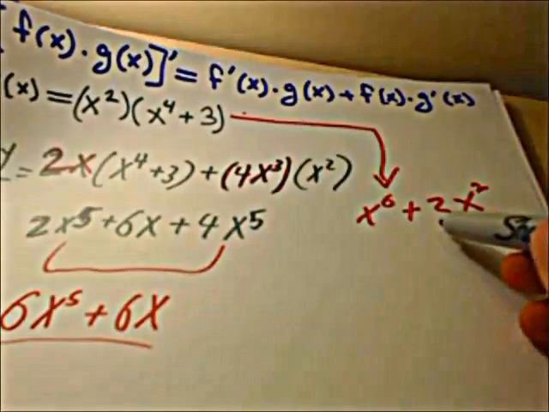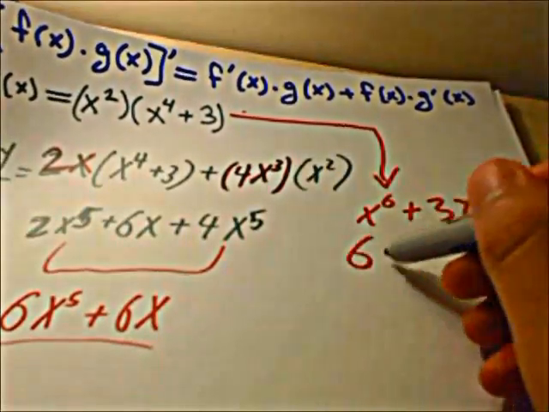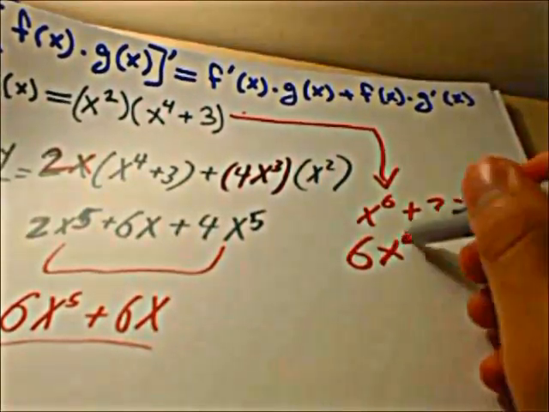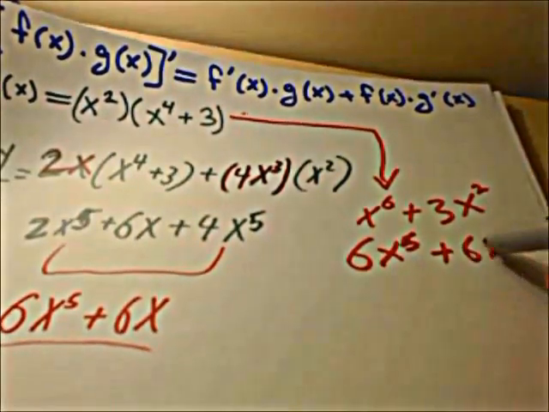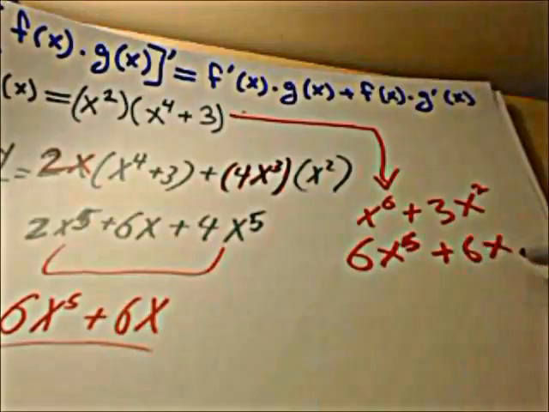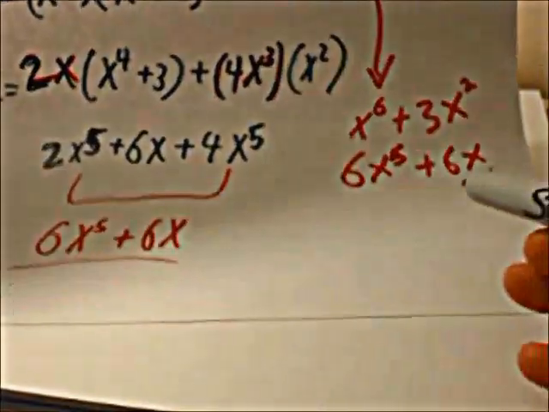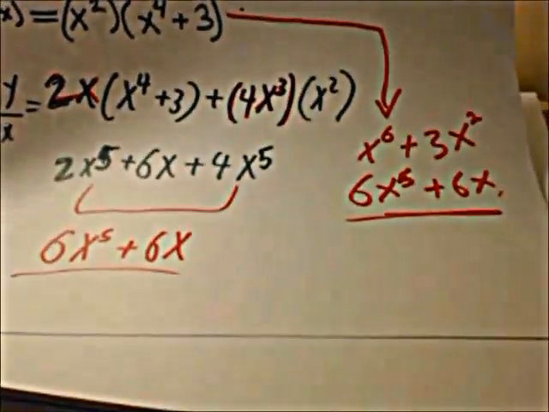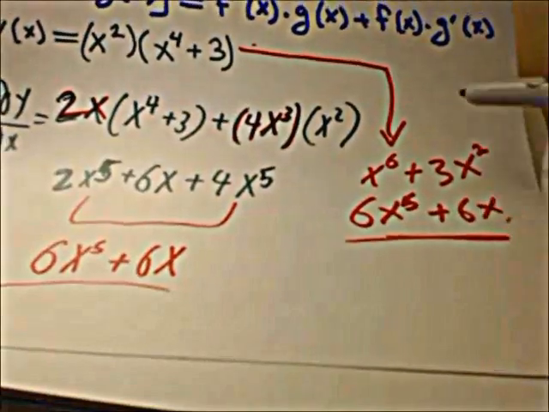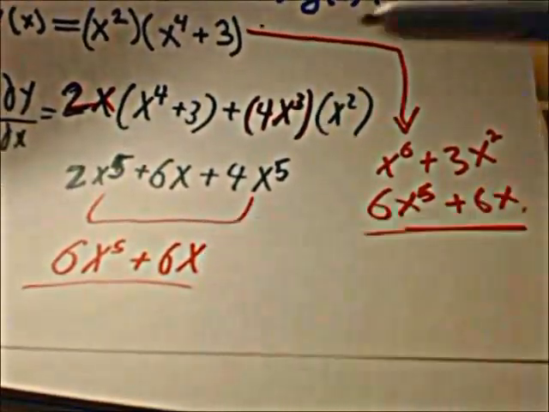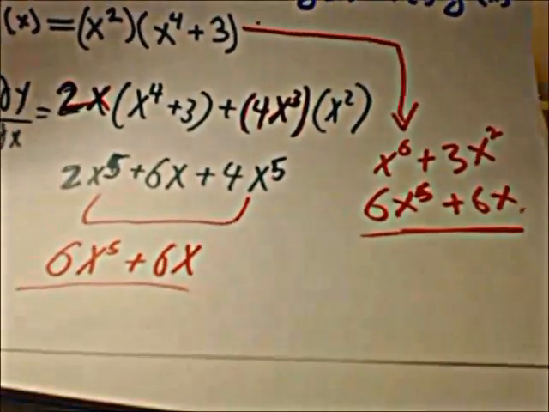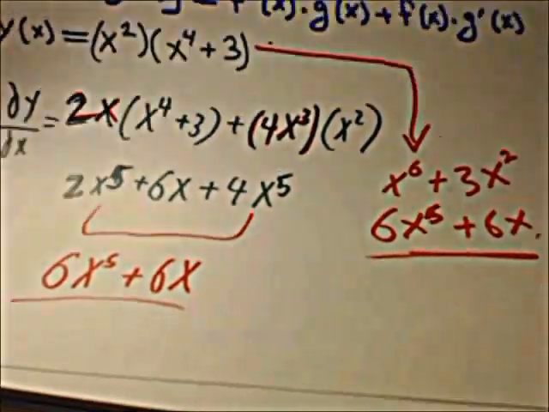Now we take the derivative of that, and this would be 6x to the power 5 plus 2 times 3 is 6x, taking 1 off the power, so it's going to be 6x. As you can see, we're left with the same result. Obviously the second way is easier, but we want to solve this the first way so we can get familiar with how the product rule works.